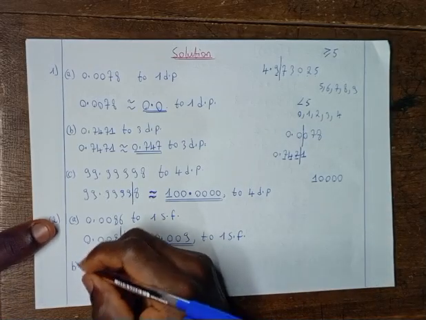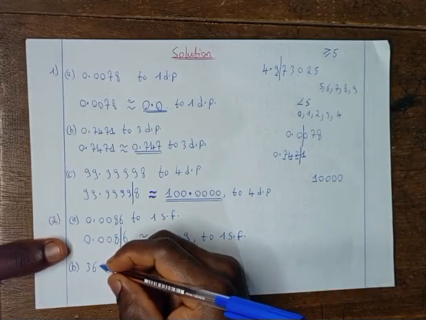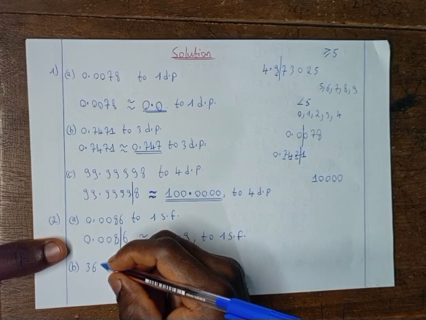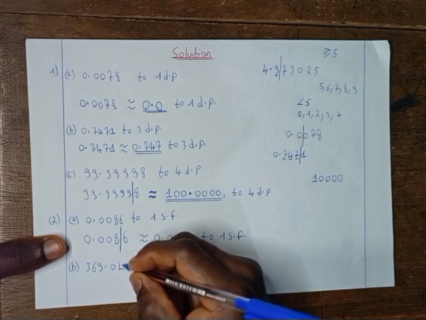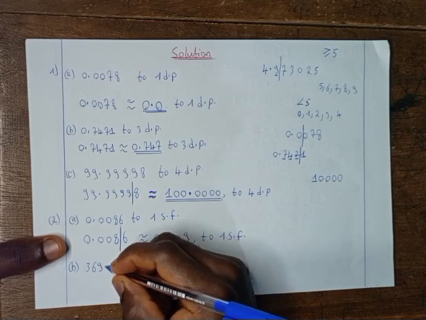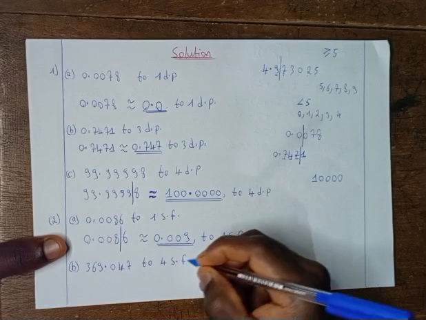Next, for B, we have the number 369.047. We have to write this one to 4 significant figures.